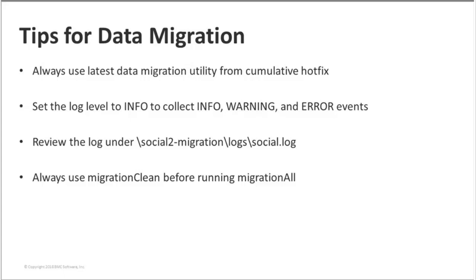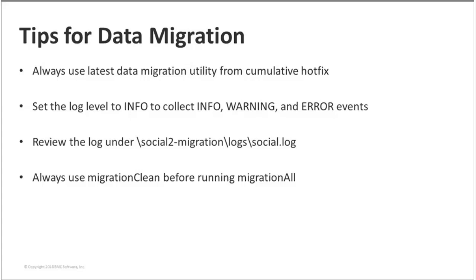Now, in order to look at the logs for migration, always set the log level to info so that you can get all the logs. It is going to log the info, warning, and error messages. You can review the log under the social2 migration logs, and the log file name is social.log, which is where we store all the logs.